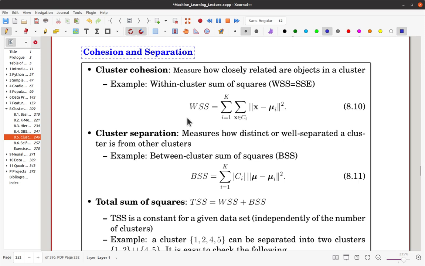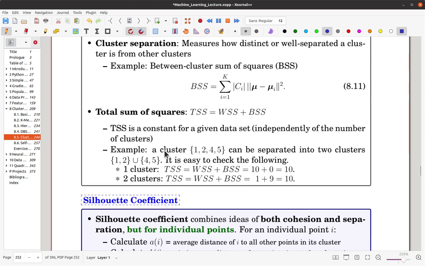And here, if you sum WSS and BSS, you get the total sum of squares. TSS is a constant, and no matter how you choose K, it will always be the same value. Here one example is given.